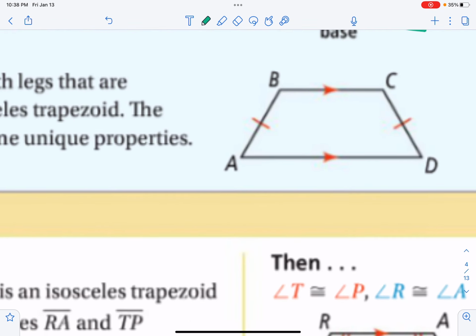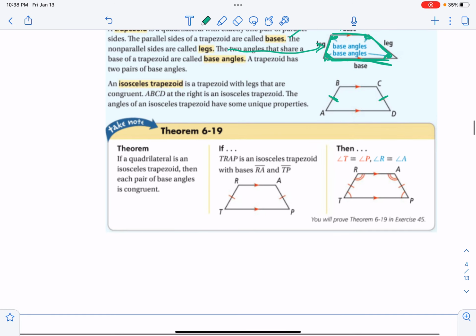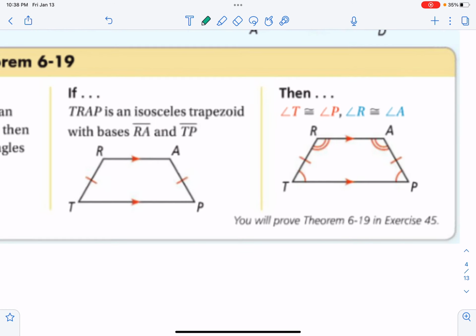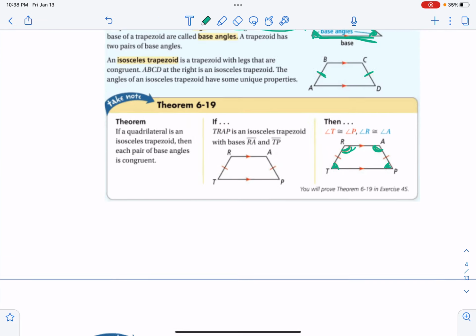An isosceles trapezoid, again, we said these 2 legs are the same. So the first rule is in an isosceles trapezoid, these base angles are congruent, and these base angles are congruent. So think of it like an isosceles triangle. We know the bottom 2 are the same, and then if you cut off the top of the triangle, then these 2 are also the same.